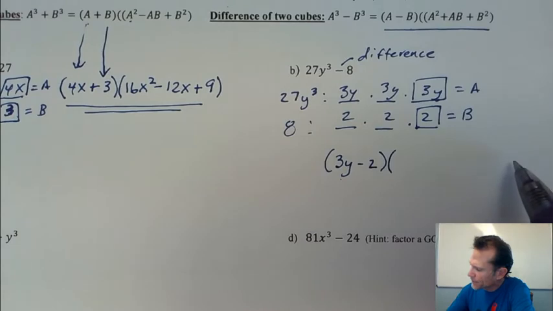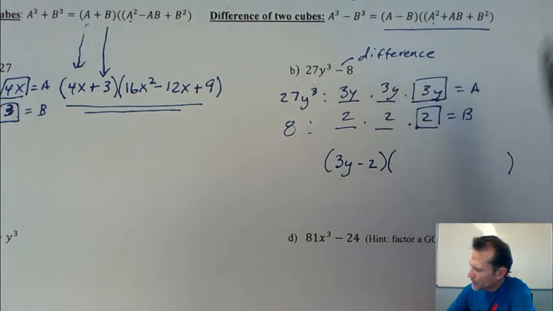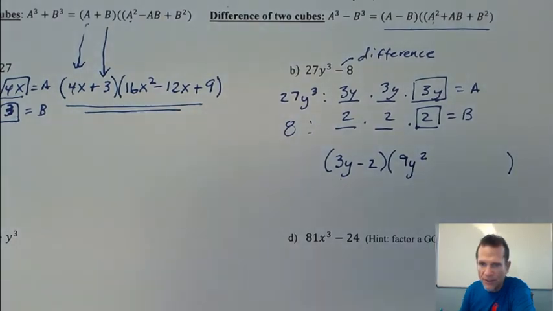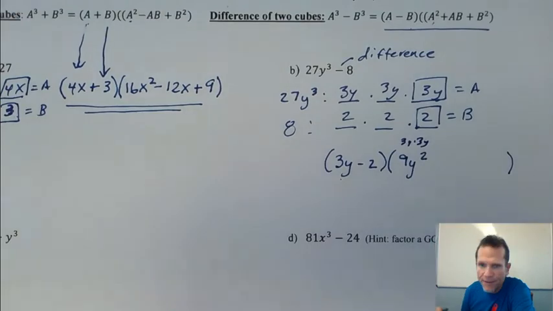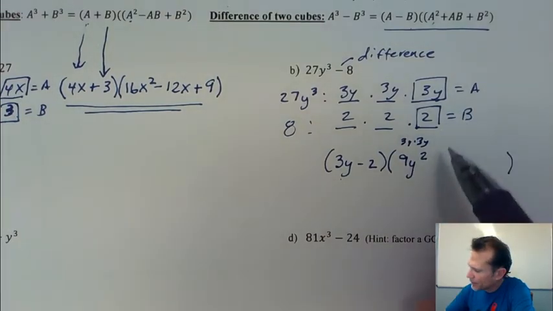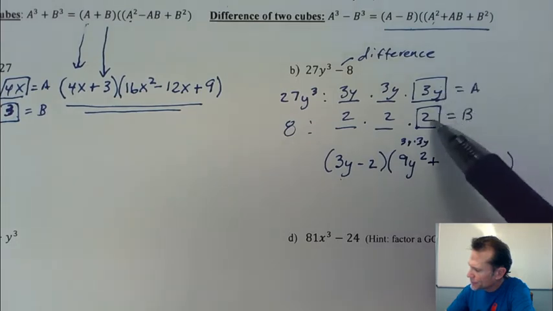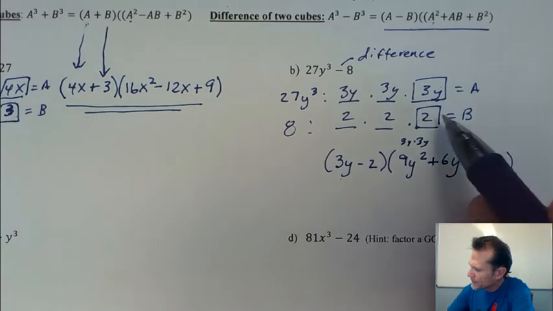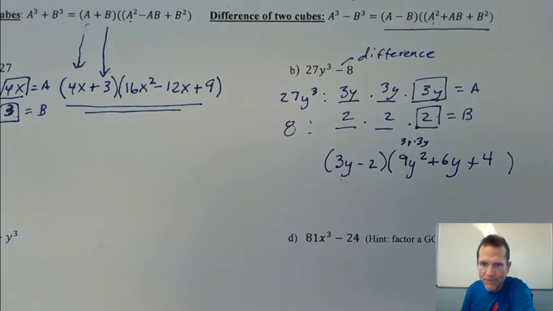Then I have the second parenthesis, which has 3 terms in it. It's going to be a squared. So 3y squared is 9y squared. So you have to be a little careful there. You've got to take 3y times 3y. Then I have a plus sign, and then it's a times b, which is these two multiplied together, 6y. And then last here is going to be this b value squared, which is 4.